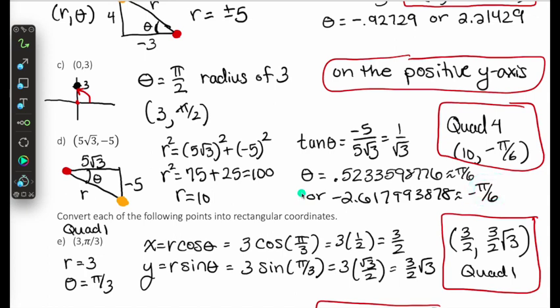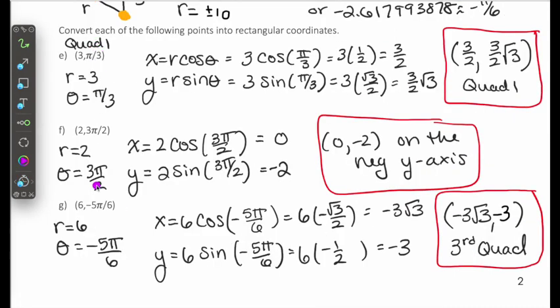Now, because we are looking at the fourth quadrant, pi over 6 is going to swing open to the first quadrant. So I want to swing down into the fourth quadrant. So I'm going to use negative pi over 6, and then I'm going to come out 10 units. And so my ordered pair in polar format is going to be 10, negative pi over 6.